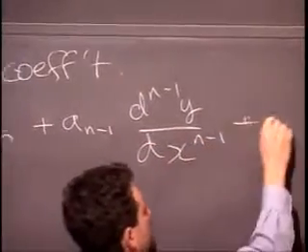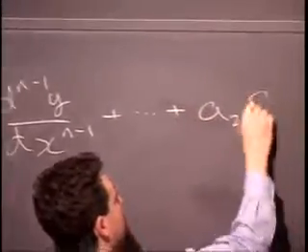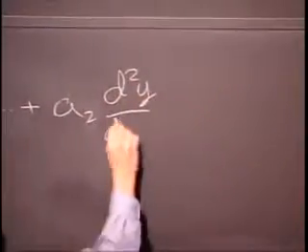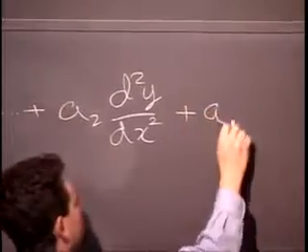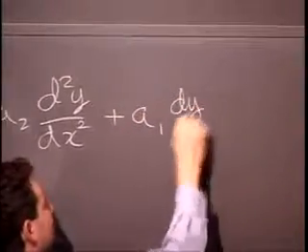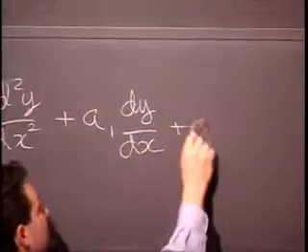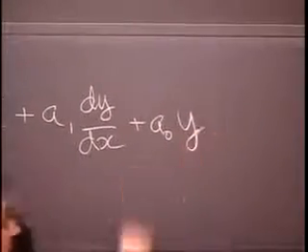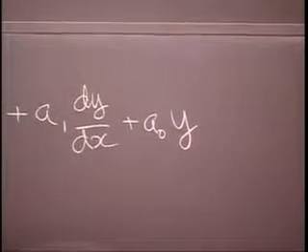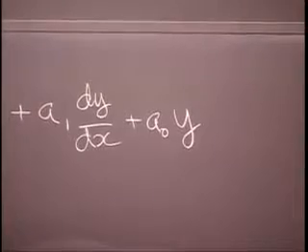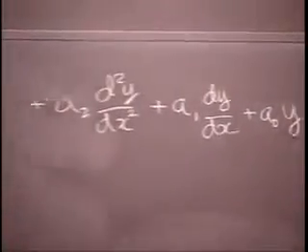And I'm going to work my way down until I get some constant times the second derivative, plus some constant times the first derivative, plus finally a constant times the 0th derivative. And remember, the 0th derivative of y is just y. You take no derivatives.